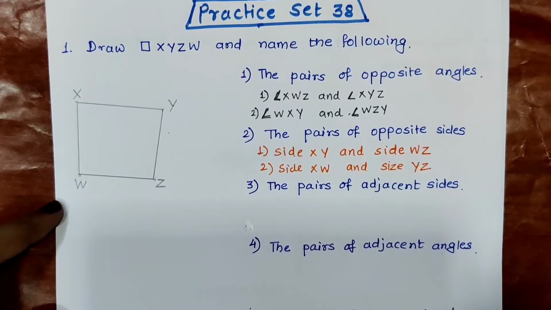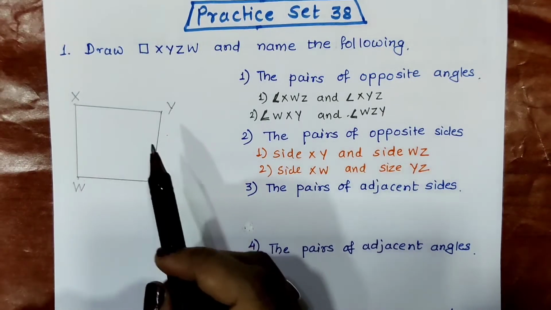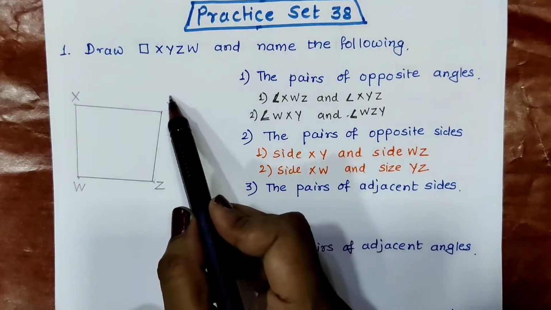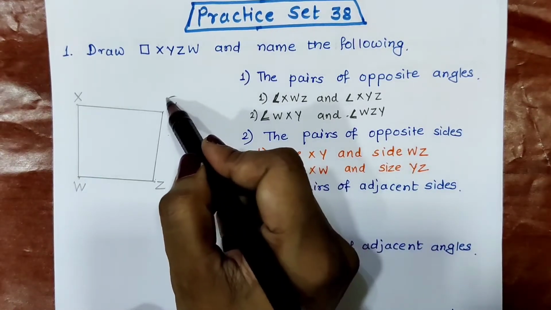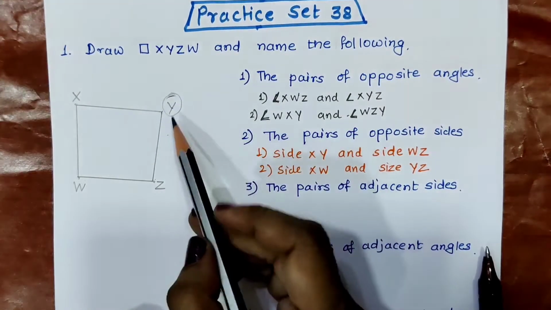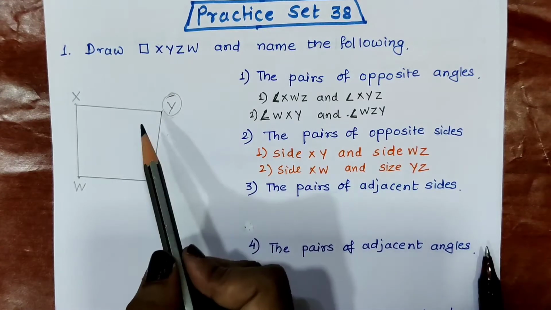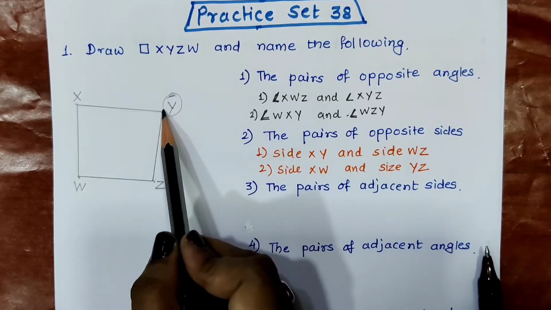Now we have to write pairs of adjacent sides. We all know there are four pairs of adjacent sides. Adjacent sides share one common vertex. If you think about this vertex Y, I will make a circle around this Y. The sides which share this vertex Y are side XY and side YZ.